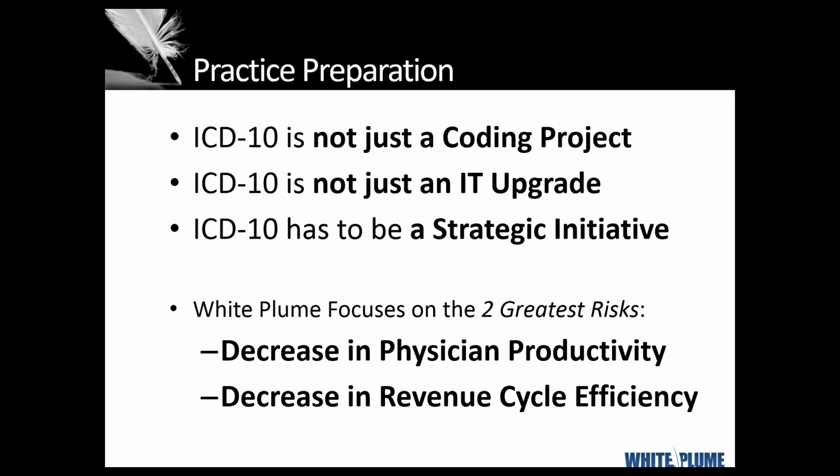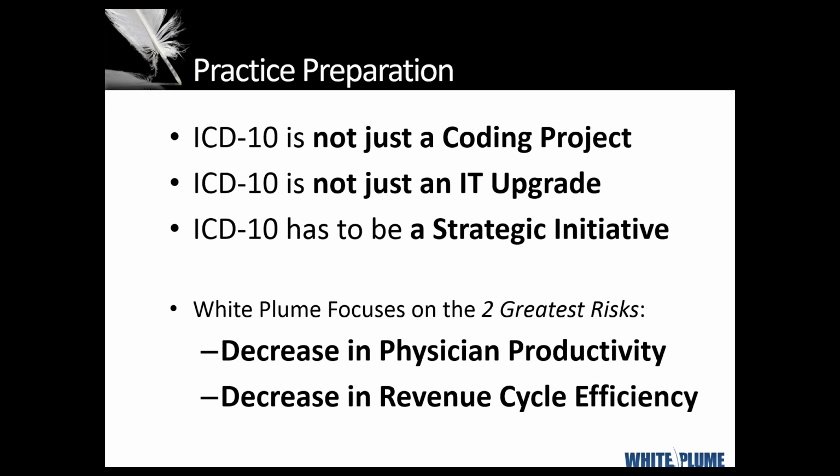Because if you have to hire more people, or if your same employees collect less cash flow, or if it takes them longer to do that, those are bad outcomes that will negatively impact your cash flow. And we want to put processes in place to protect against that.